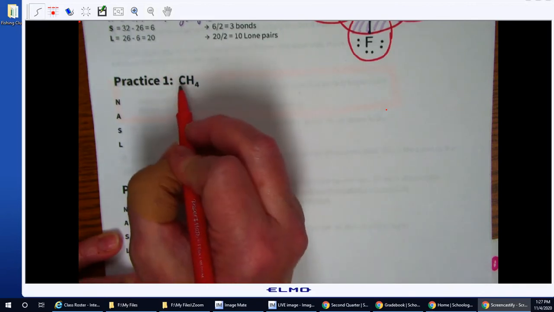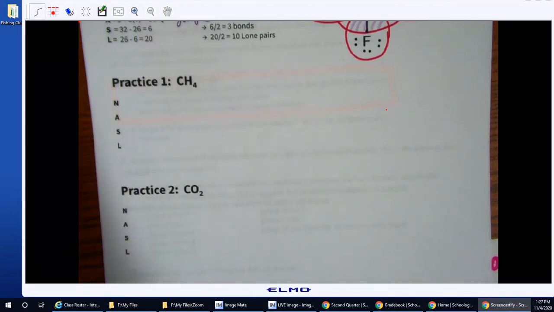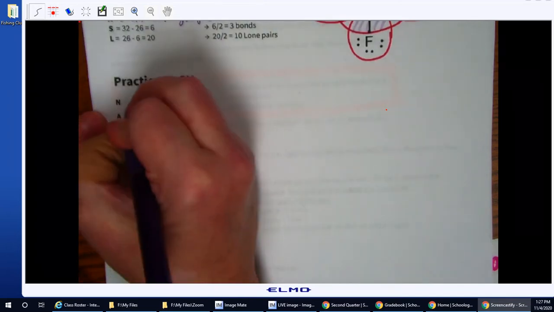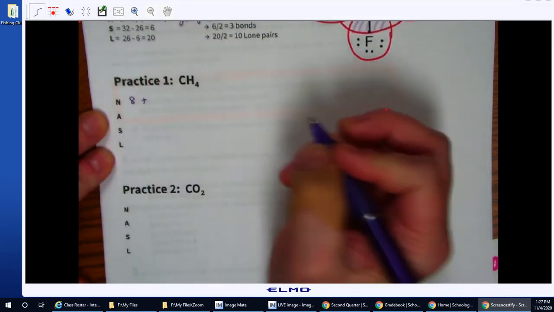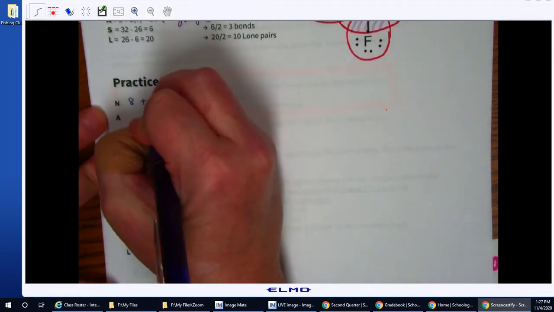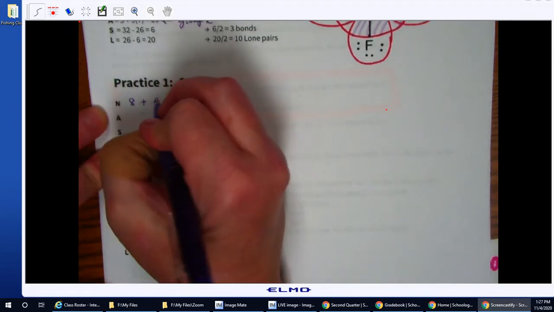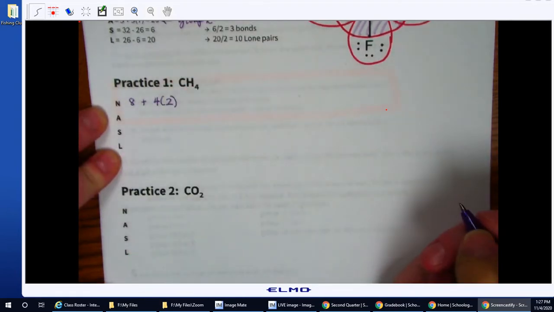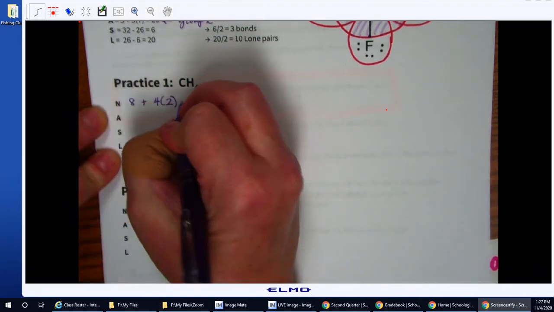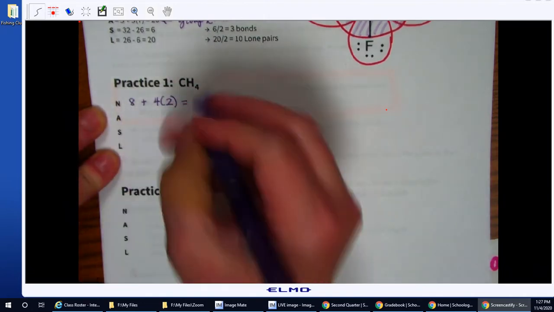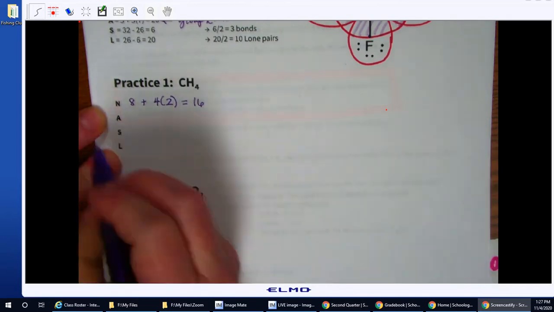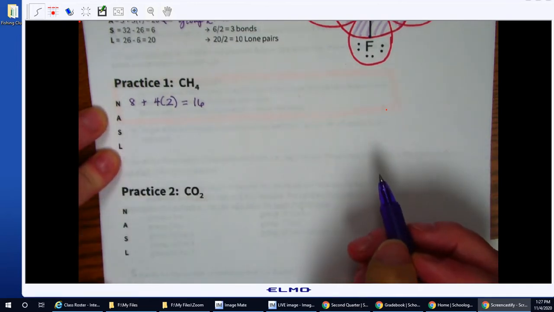Let's do the same for carbon tetrahydride. So for my needs, we know that carbon is going to need 8. Hydrogen, though, there are 4 of them, only needs 2. 8 plus 8 is 16.